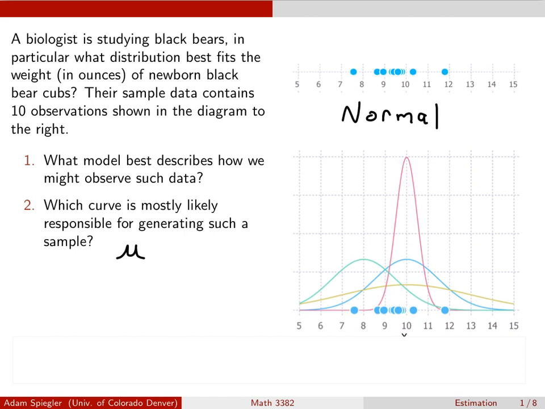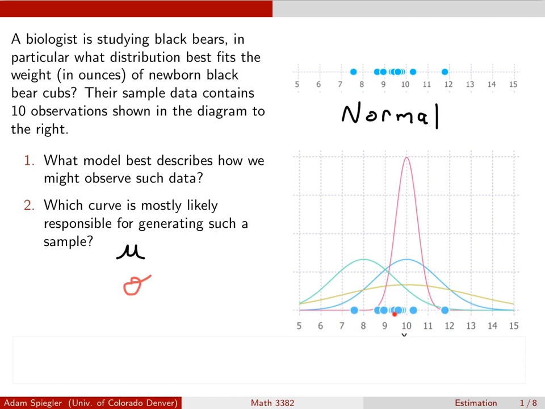But of course, we need more than one parameter to describe a normal distribution. We also need to consider how spread out those values are. These three normal distributions in red, yellow, and blue all have different spreads.